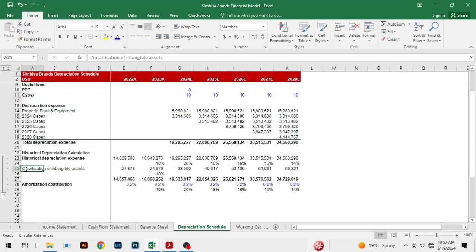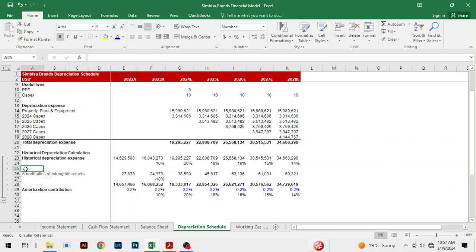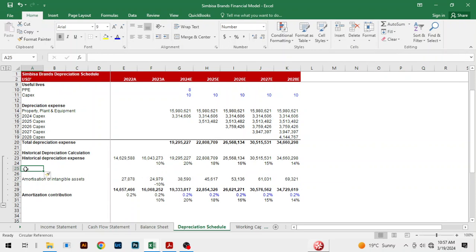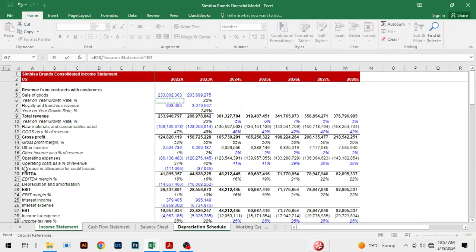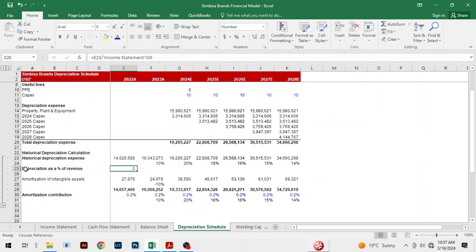So let me just try to do that now. So let me say depreciation is a percentage of revenue, right? So I can take that and go to revenue for 2022, and then you can see that it's at 6%. Okay, so it's at 6%.